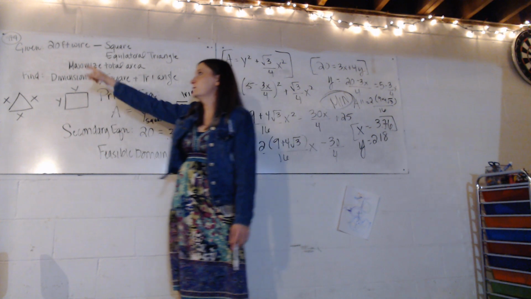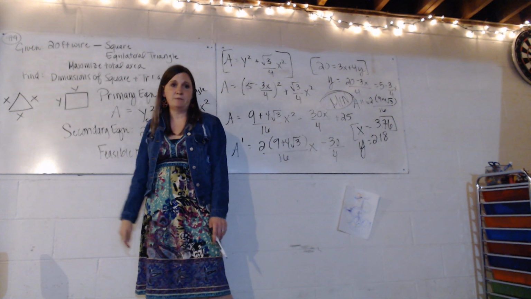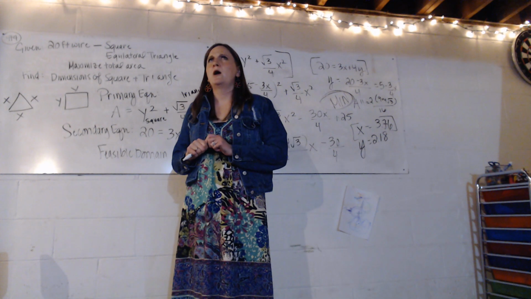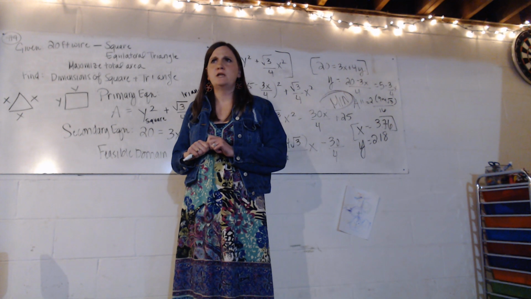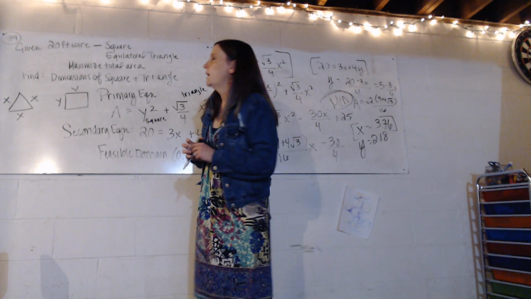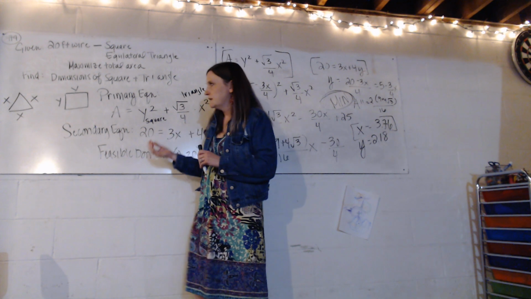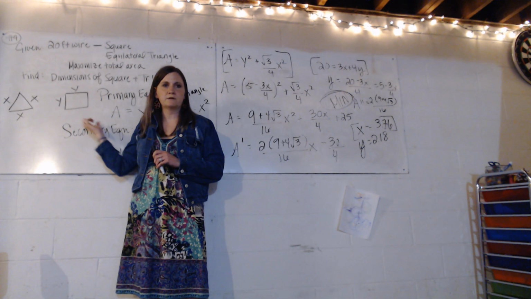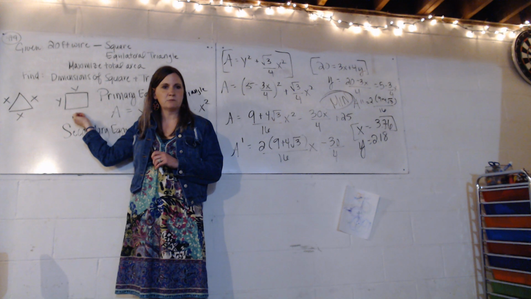So if I don't cut the wire at all, if I just make one shape, so it's a trick problem. If I make one shape, what would the dimensions of that shape be, or which shape should it be to get my maximum area? And so what we would say is between the square and the triangle, just think about them. If I put 20 feet into one or the other, it's the square that will give me the maximum area.